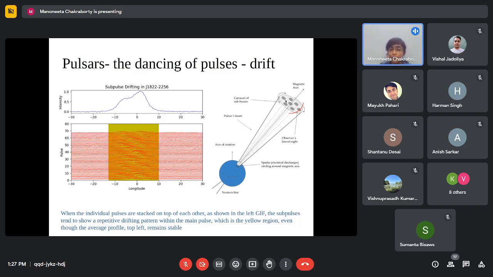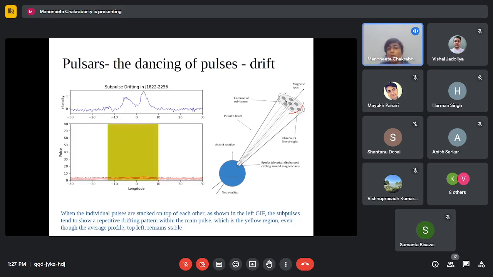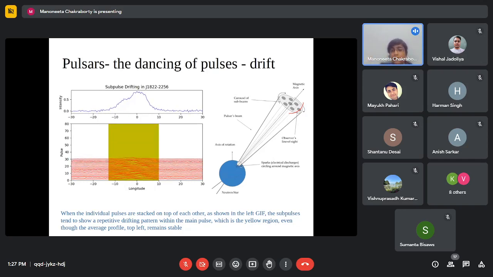These circles represent sub-beams or substructures which result from what we call sparks, like electric sparks, close to the magnetic pole. Close to the magnetic pole there is a strong magnetic field, and corresponding to that, a strong electric potential is created, and certain electrical discharges happen. These electrical discharges result in these sub-beams in the main pulsar beam, and that results in the subpulses.